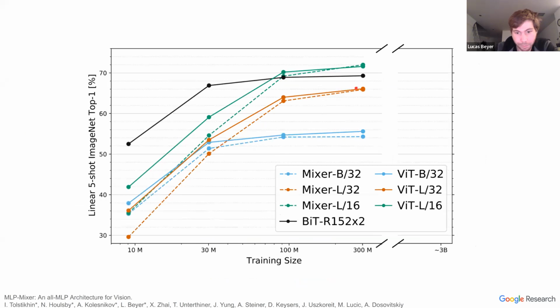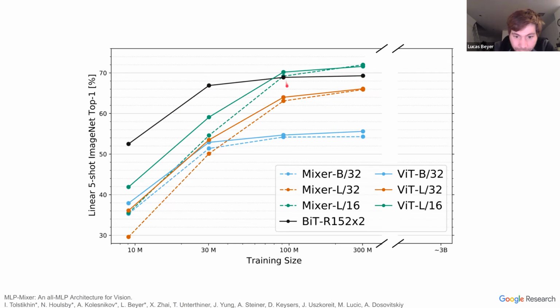So this is, again, the plot with the x-axis being dataset size for the pre-training, and the y-axis a measure of how good the representation is, in this case few-shot on ImageNet. And here, three different model classes. The black one is, again, the ResNet, or a ResNet from long ago in this representation, like 10 minutes ago.